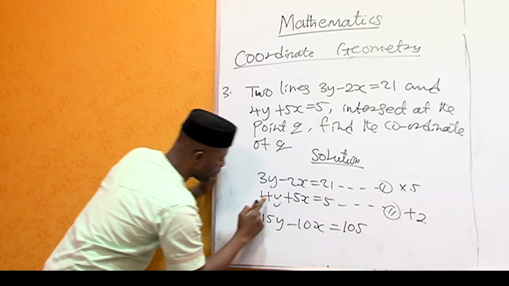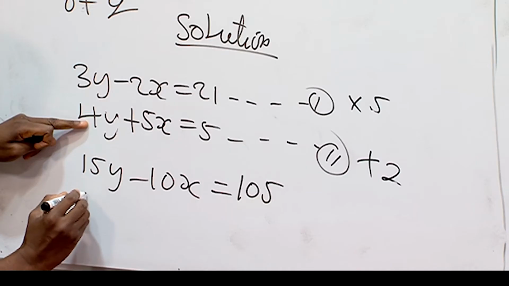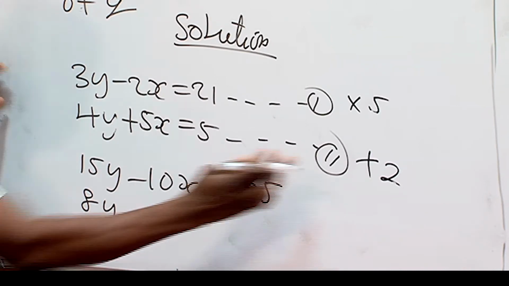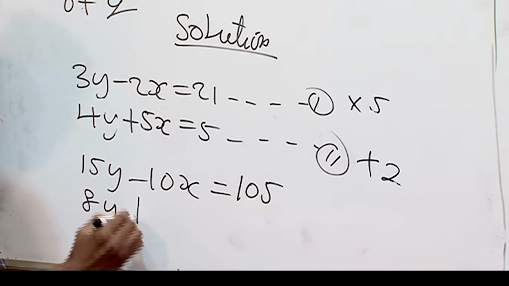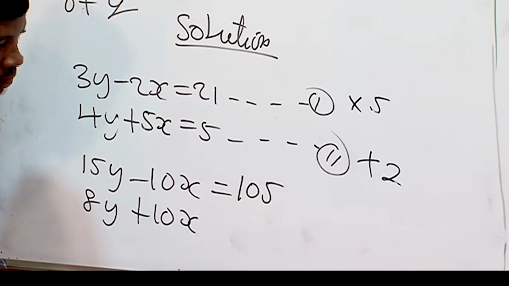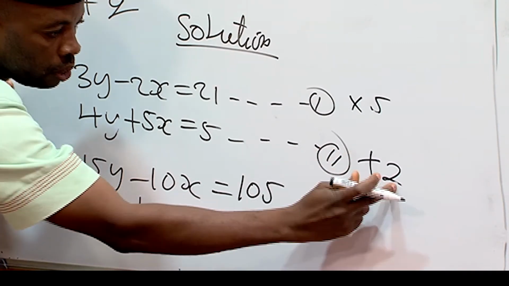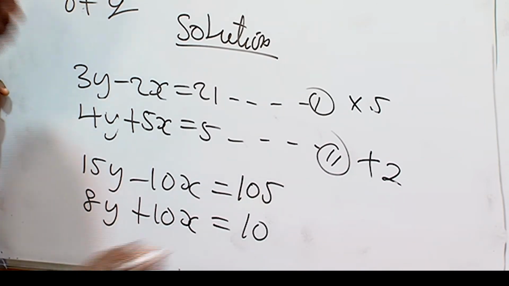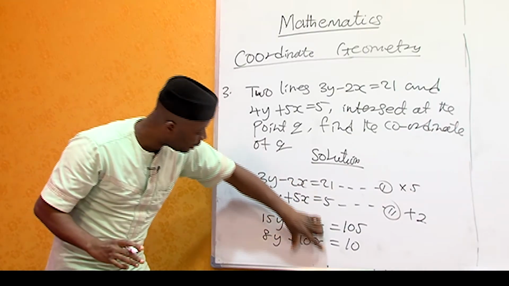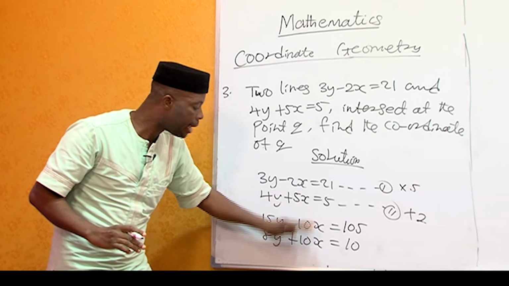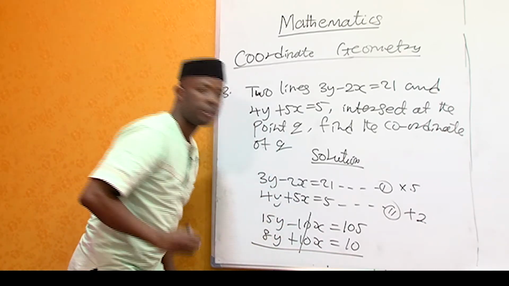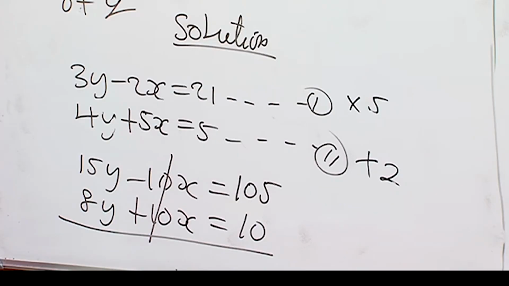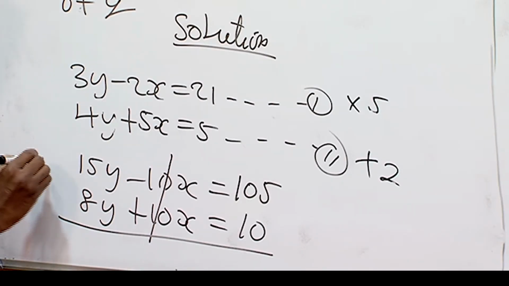Then 2 times 4y is 8y. 2 times 5s is plus 10s, equals 2 times 5, which is 10. You see, they are the same, 10 and 10, the same figure. Then eliminate the s. Now, plus and minus, I want to add.